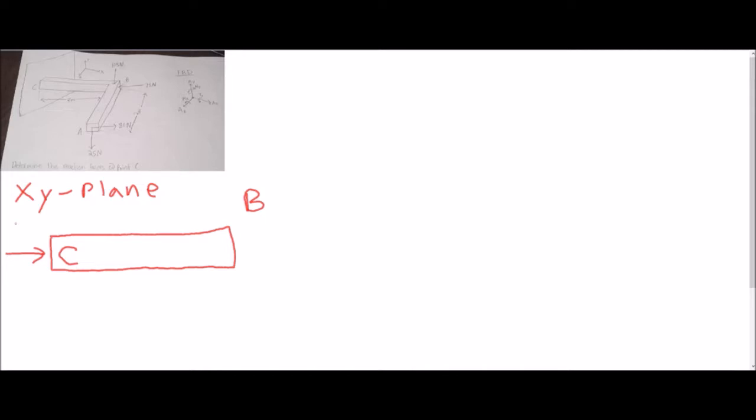This is going to be your reaction force in the X direction, so we're going to label that CX. But you're also going to have the reaction force in the Y, like that, and we're going to call it CY. If we look this way, in the XY plane, we're also going to be able to see the 105 acting, and also the 25 newtons.